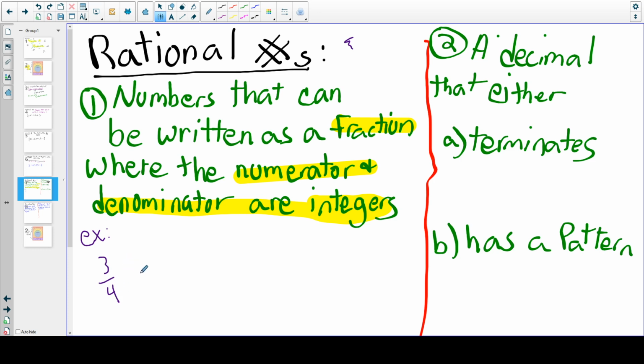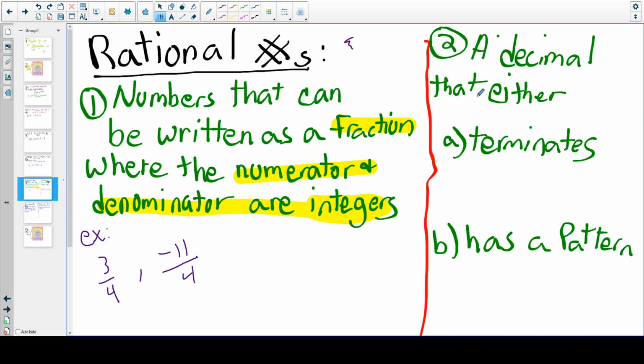So this is rational. How about -11 divided by 4? Is this a rational number? Well, it's a fraction. The numerator is a negative whole number, and the denominator is a positive whole number. So they're integers, so this must be a rational number.